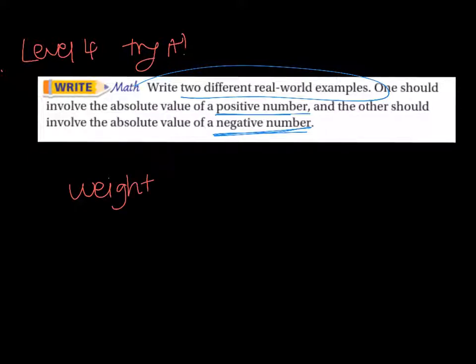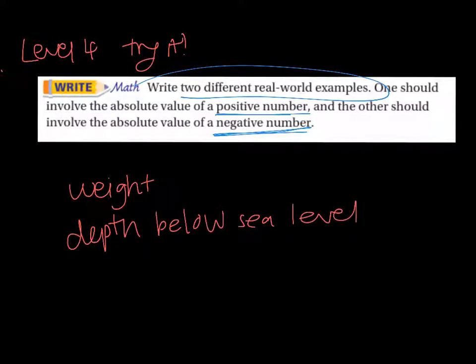We've also seen an example with depth below sea level with the boat problem. Okay, so either of those would work, but I also want you to give your own. So I'm not going to give you an answer here because there's lots of options, but I hope that that gives you a good understanding of absolute value.